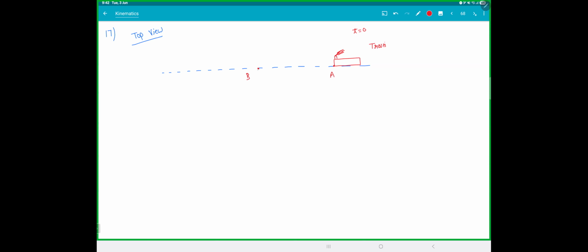This is point B. This is point C, and this is perpendicular. This distance here is 400 meters. This distance here is 300 meters. And we have a person standing at C. So we have an observer here.